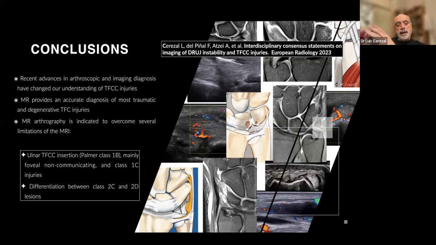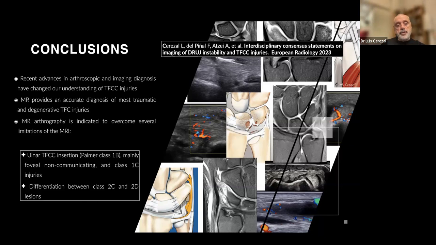And MR provides an accurate diagnosis of most TFC injuries, but we need very good MRI equipment, ideally 3 Teslas, specific wrist coils, a well-positioned patient, with a small field of view, thickness of less than 3 millimeters, ideally less than 2 millimeters. We need to have 3D sequences, and we also need musculoskeletal specialized radiologists on wrist.